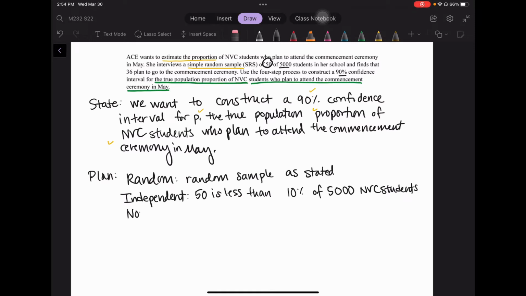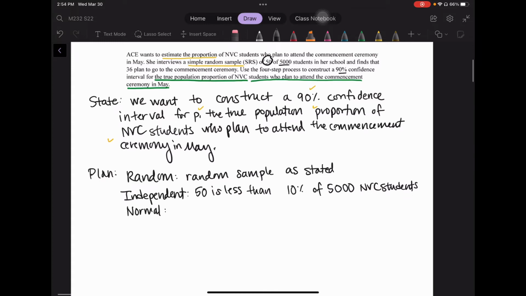Then we want to check our normal. The way in which we check normal for proportions is we verify that the successes and failures are both greater than or equal to 10. And we're using p hat here because we don't know what the population value is. We need to estimate it. And we can't just say this. We need to give numbers.